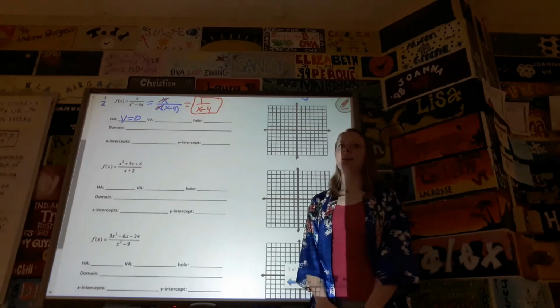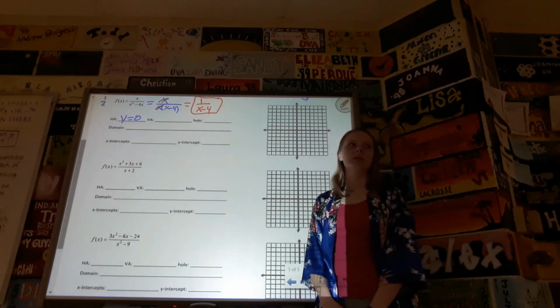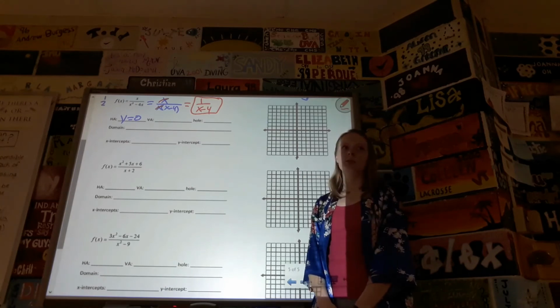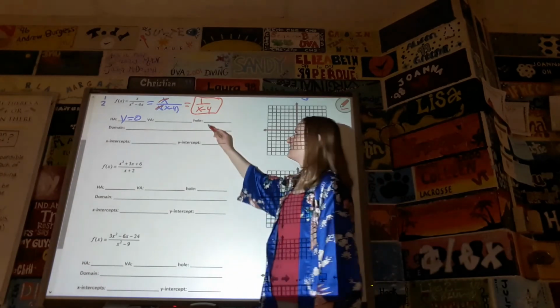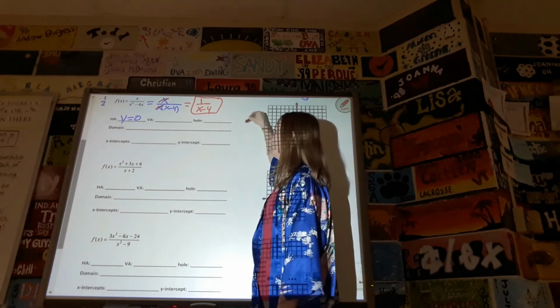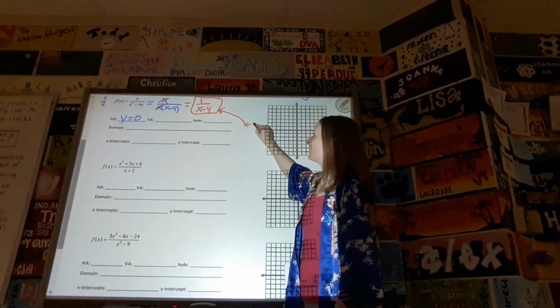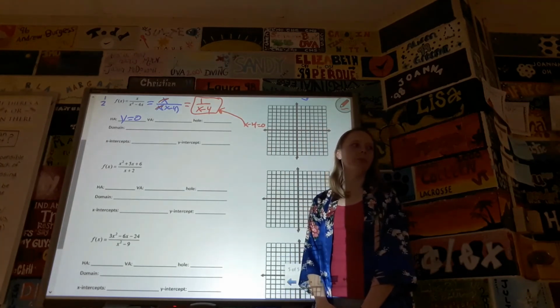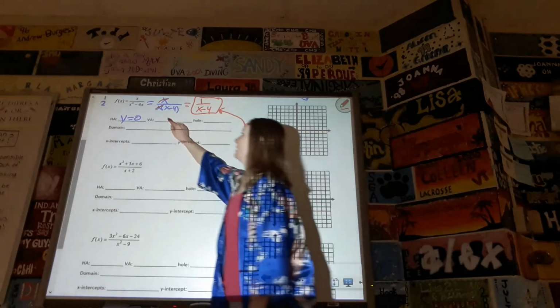What am I trying to find next? The vertical asymptote. So what equals 0? Because it's where? So x equals 4 would be what? Would be your vertical asymptote. Okay.